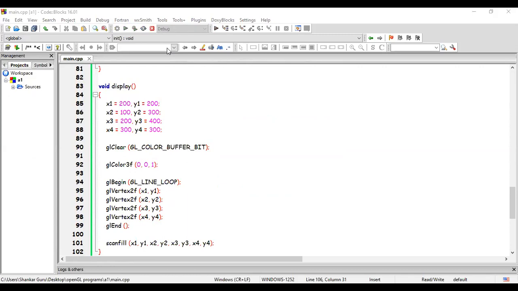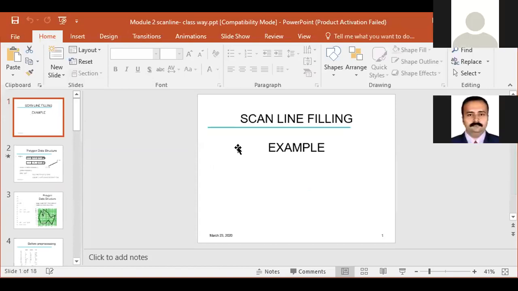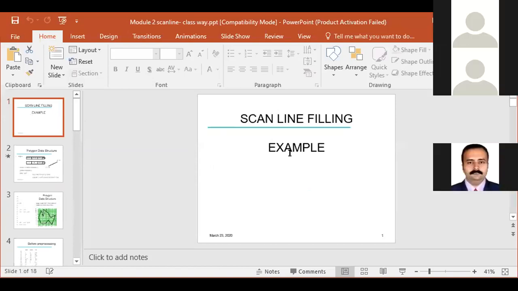If I have an unknown shape and I ask you to fill it, you definitely cannot fill it. So this algorithm addresses that issue.